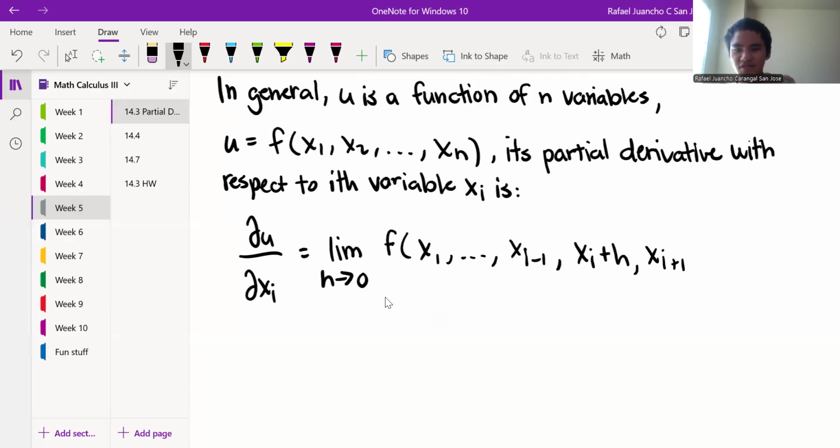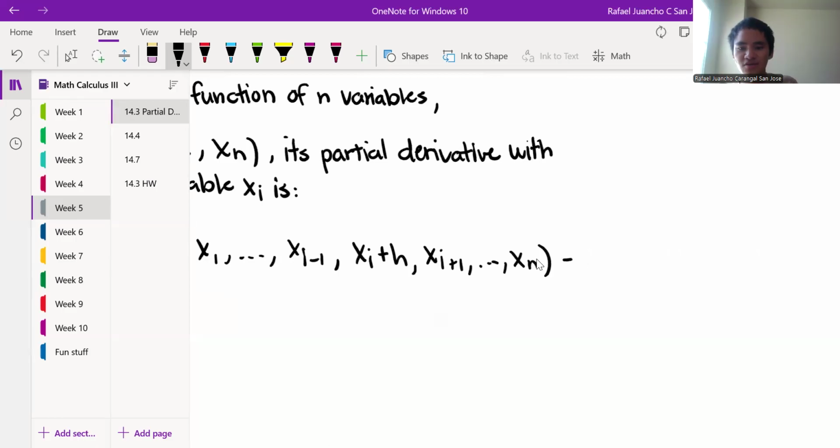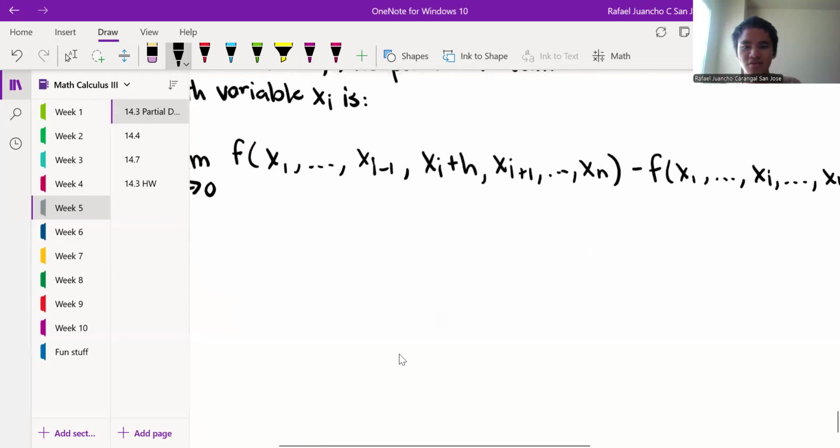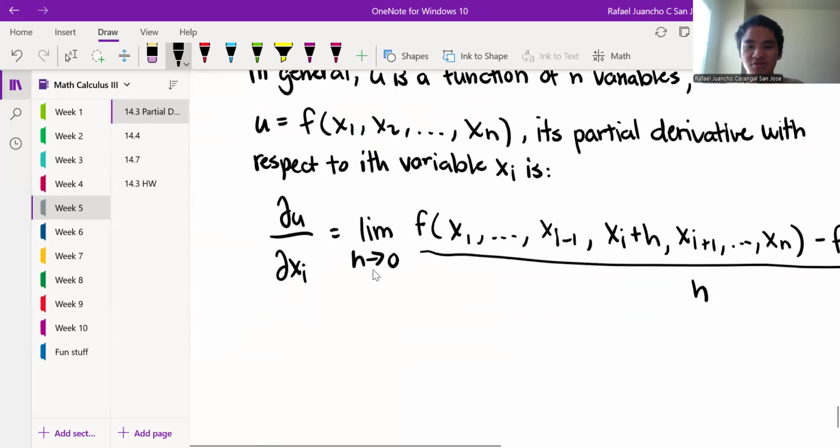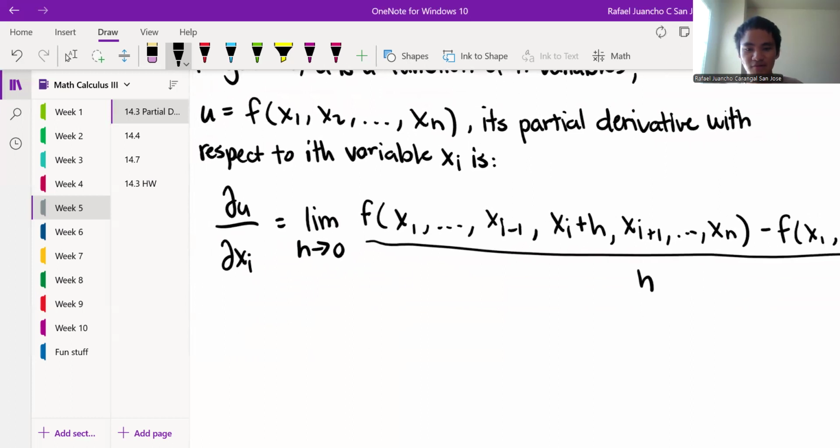And then we have xi plus 1 all the way to xn, right? So that thing. And then we're going to subtract f of x1, xi, all the way to xn. And then it's a kind of general long limit. All of that is divided by h. Okay.